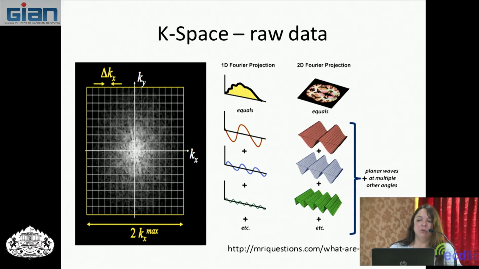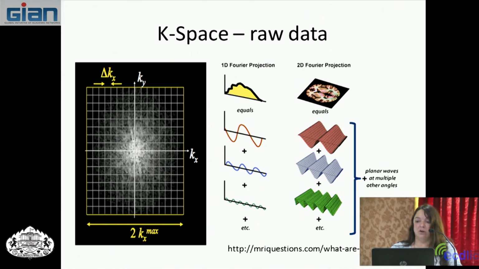So I just want to show you what two-dimensional spatial decomposition into these signal components would look like. Here's our K-space, and if we look at it from one dimension, we can get something like this 1D Fourier projection. And this is what we use when we decompose a time signal into sines and cosines. So you see there the yellow signal is equal to the sum of different sines and cosines at different frequencies and at different amplitudes on the axis.